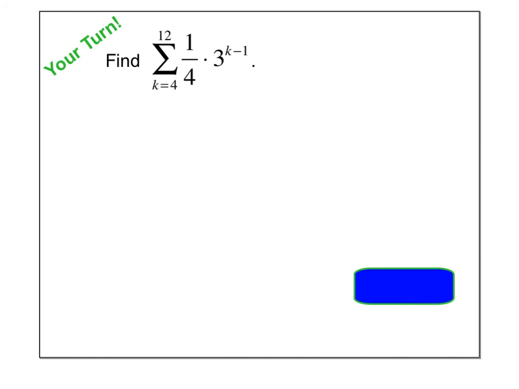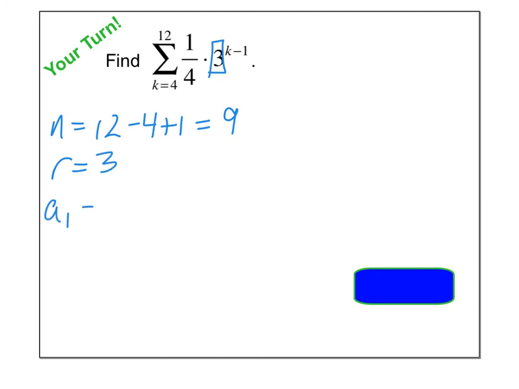Moving on to this example, try this one on your own. Follow along with me. We need to figure out what n is. So we'll take 12 minus 4, but remember to add it back. So we have 8 plus 1, which is 9. Let's do r. R is 3 in the geometric sequence.